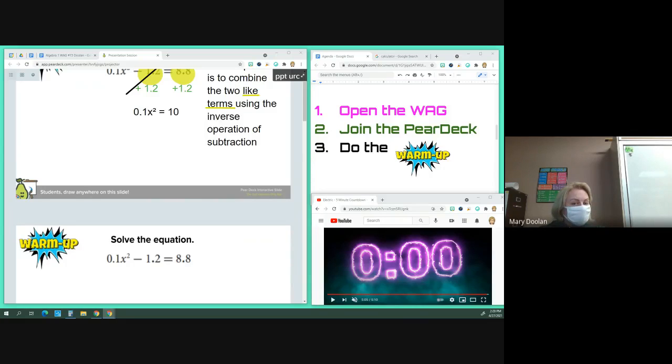So we're not going to take the square root of both sides yet. What we want to do next is get rid of this coefficient. So 1/10 and x squared are being multiplied together. So I'm going to use the inverse operation of multiplication, just division.